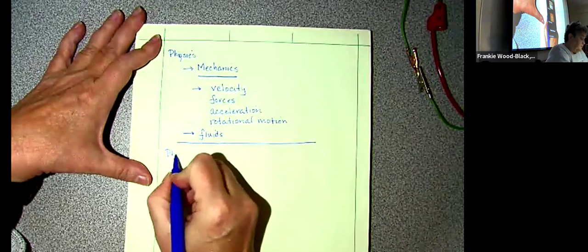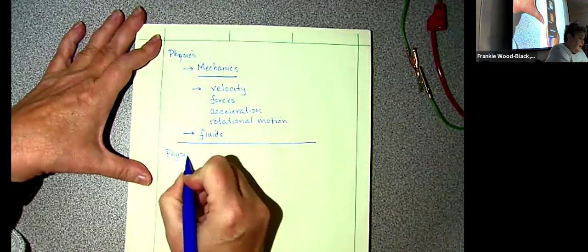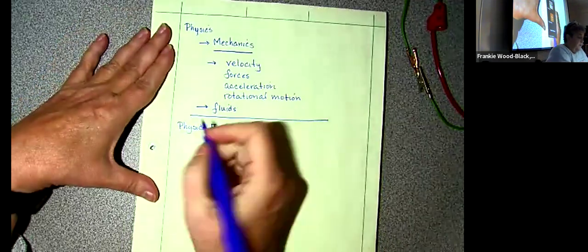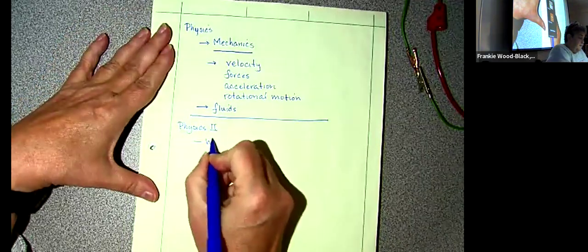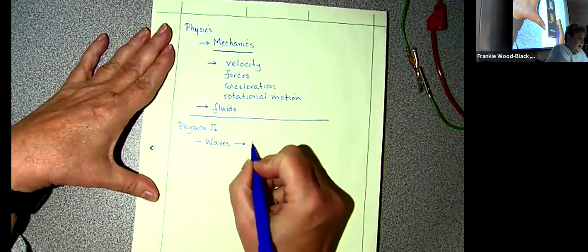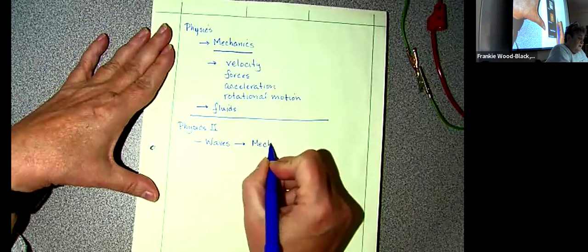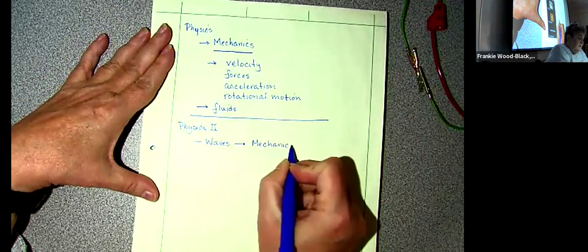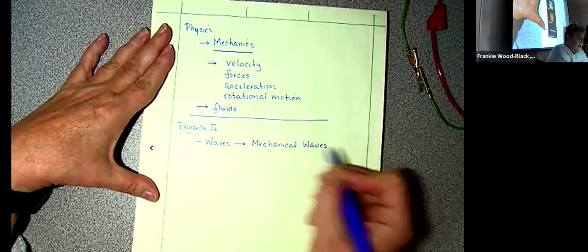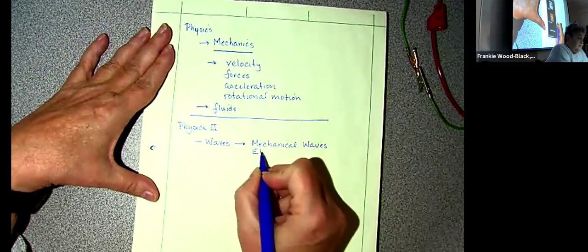So in physics 2, we're going to take on a lot of different ideas. In physics 2, we're going to deal with waves. And we're going to deal both with mechanical waves and electromagnetic waves.